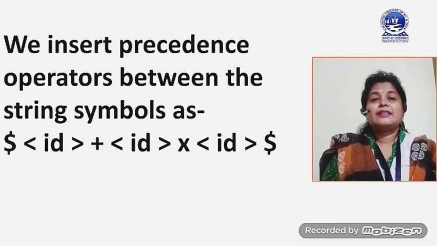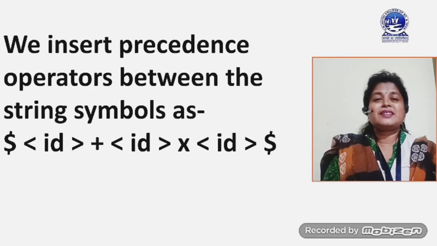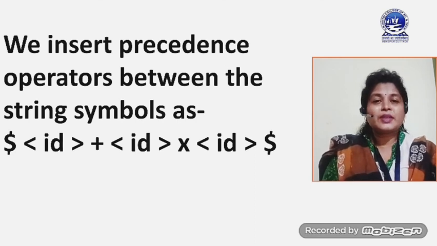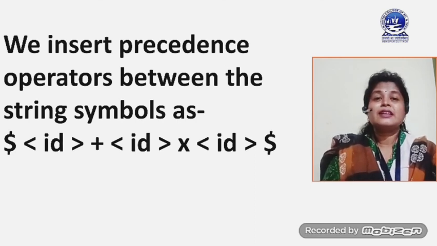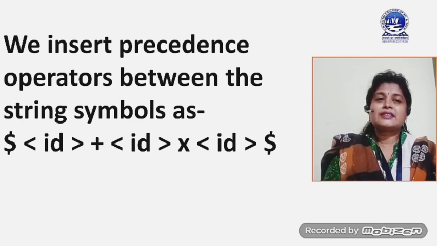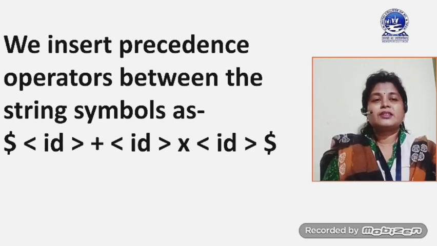Then if we compare id with plus, then id is greater than plus, because all identifiers have higher precedence than other symbols. Then we compare plus with id, that is less than, then id with multiplication, id is greater than, then multiplication with id, that is smaller than, then id with dollar symbol, that is greater than.